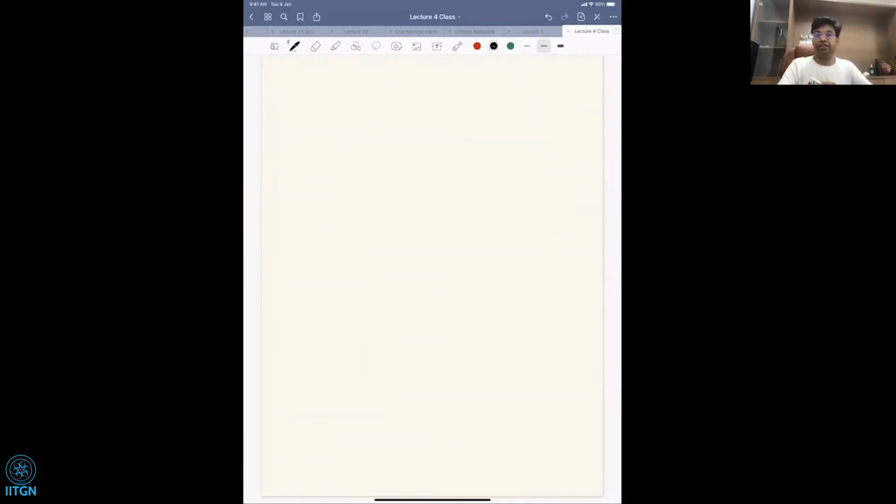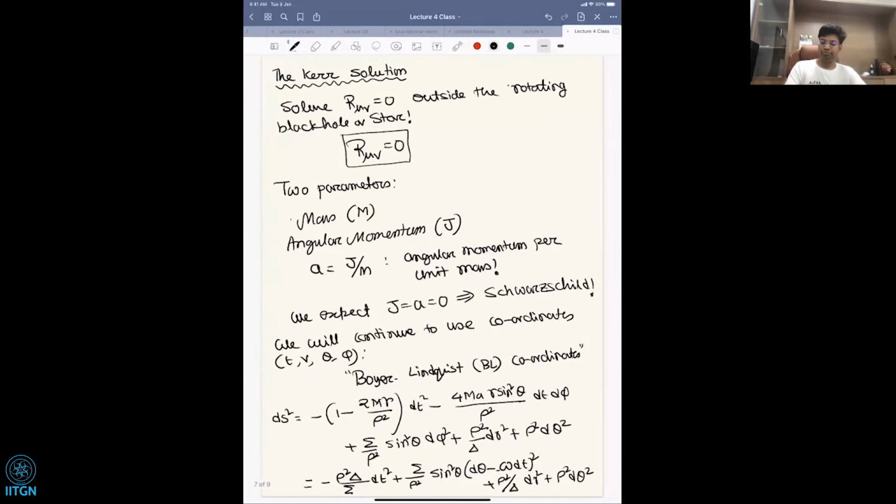There is another important Killing vector: the azimuthal Killing vector, azimuthal symmetry. So phi alpha is 0, 0, 0, 1, or the phi symmetry. Why? Look at the metric coefficients, nothing depends on phi.